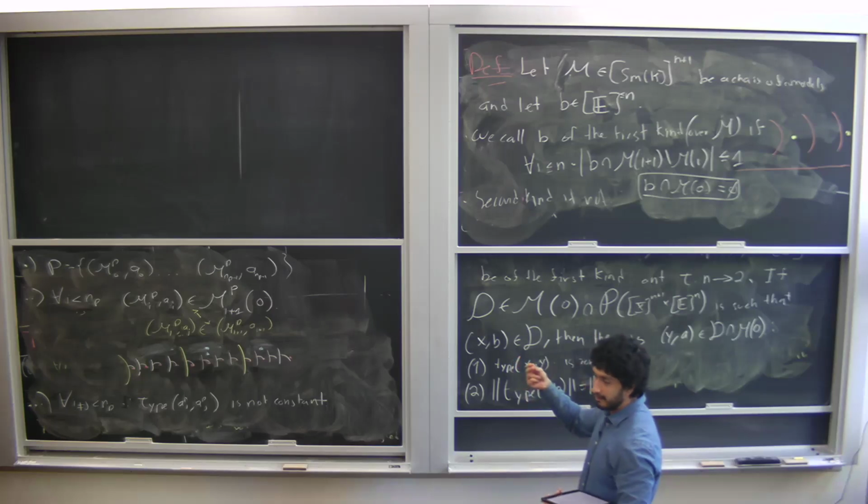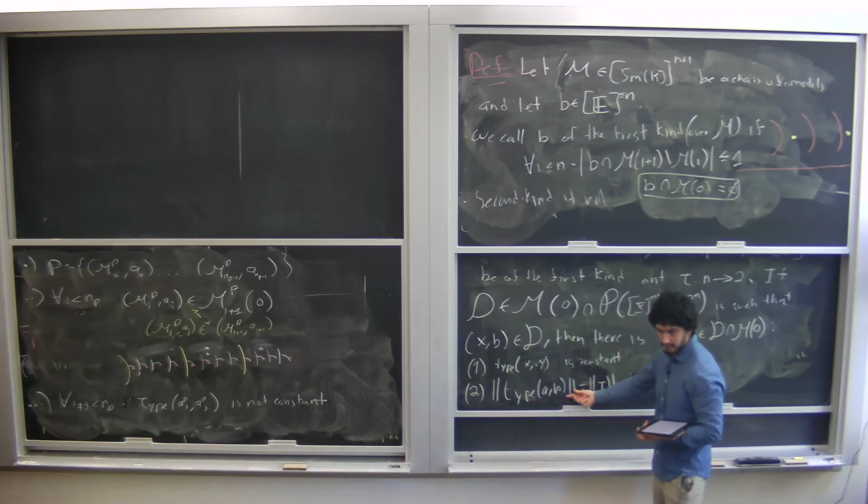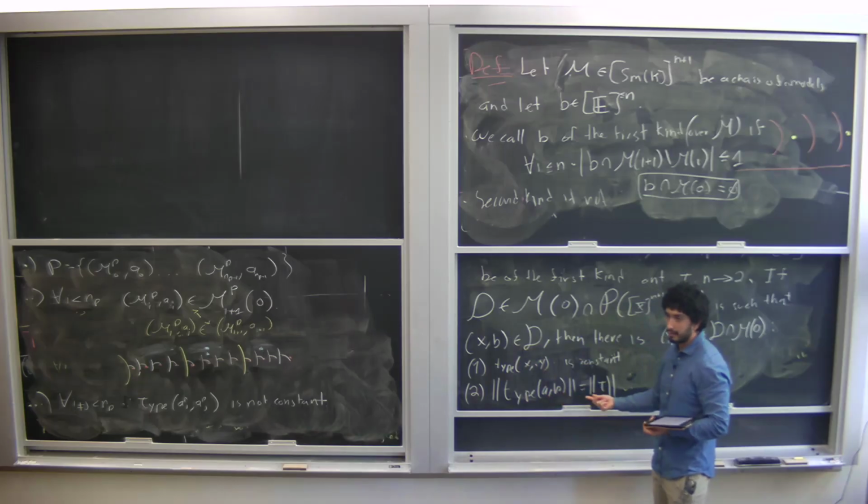The type of AB is the type of BA, but changing zeros by ones. So when I say that the absolute values are the same, I just want to say that either the type of AB equals tau or it equals tau but changing zeros by ones.